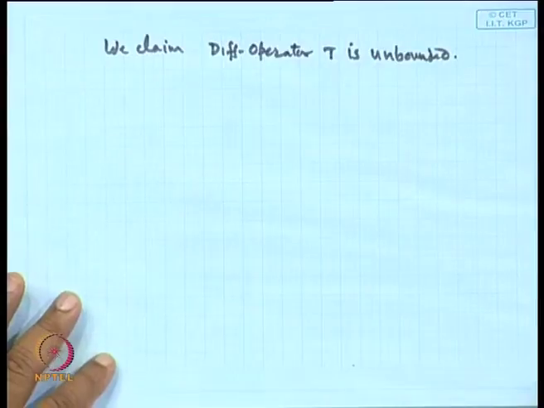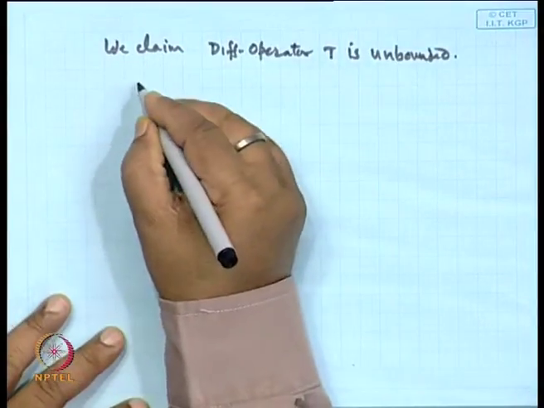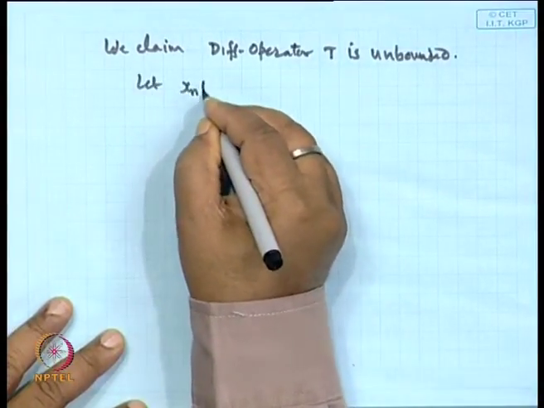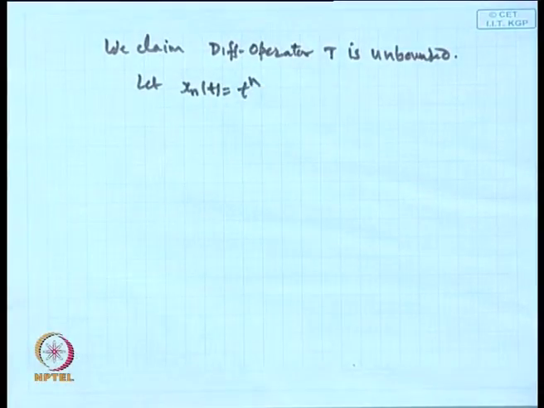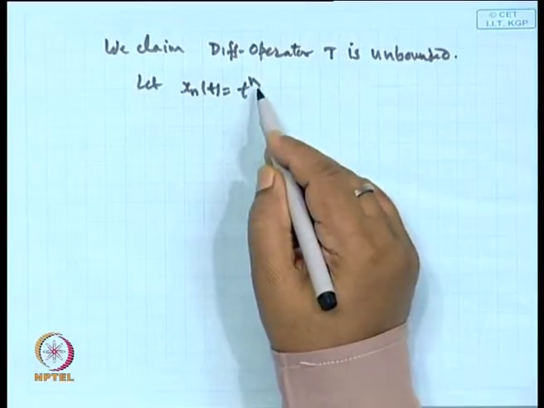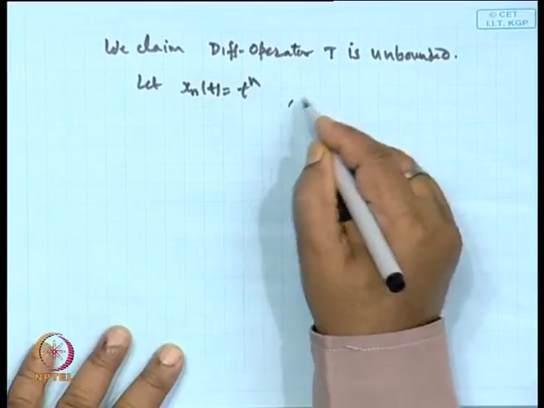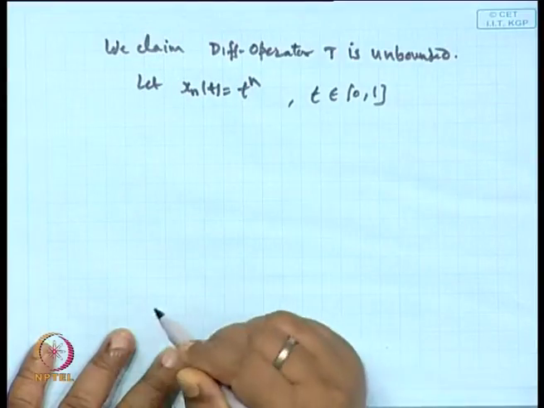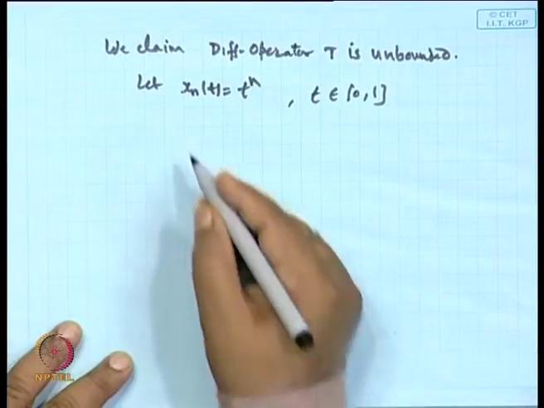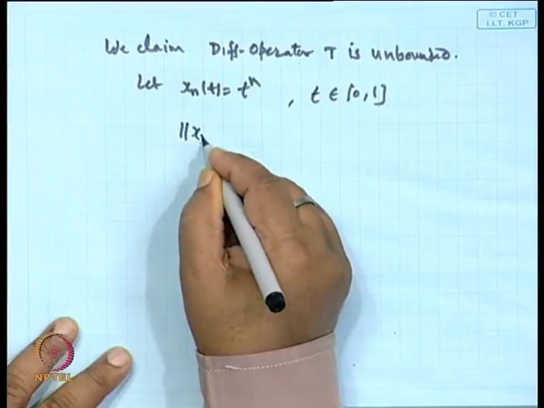Let us see, for example, suppose I take a sequence of polynomial functions x_n(t) as t to the power n, where t belongs to the interval [0, 1]. This is a polynomial, so it belongs to the class. Find the norm of x_n.